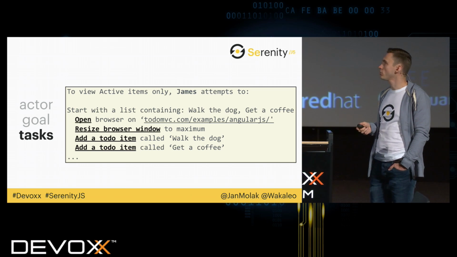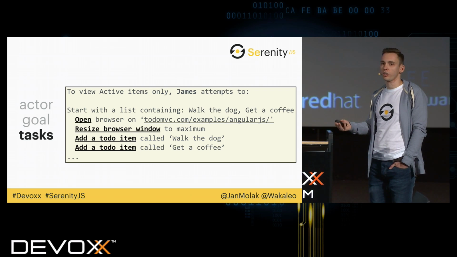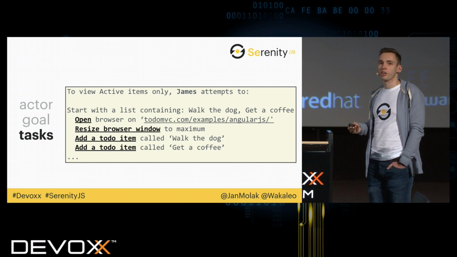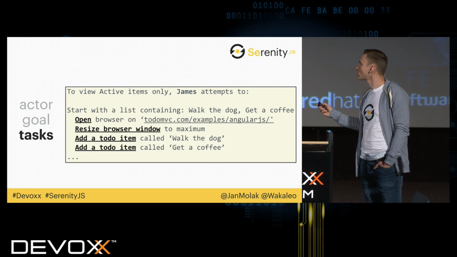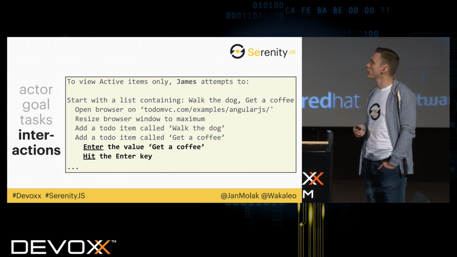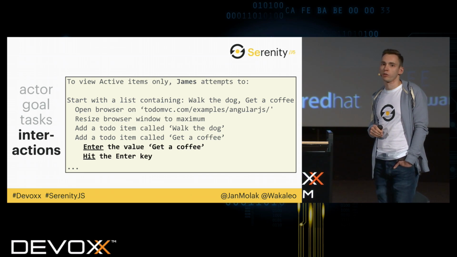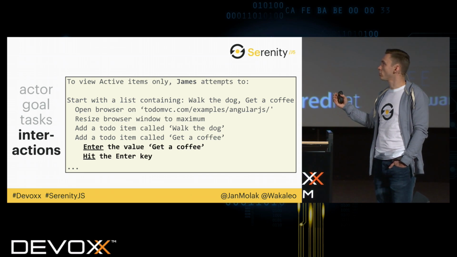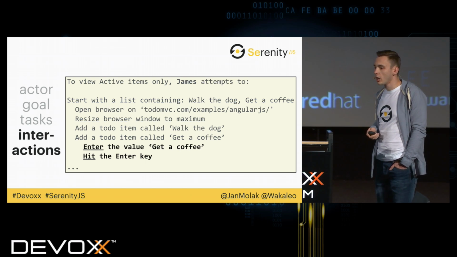And we could continue with this process until we have a fairly rich vocabulary of all the activities that a user or an external system can perform within our application. And then at some point, those tasks will need to interact with the system. So there will be a layer of low-level interactions. So at this stage, we only say that we enter a value into a field or we click a button and so on.